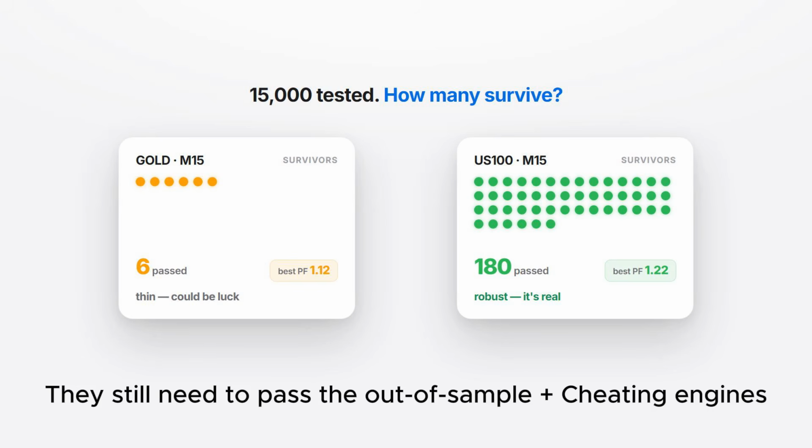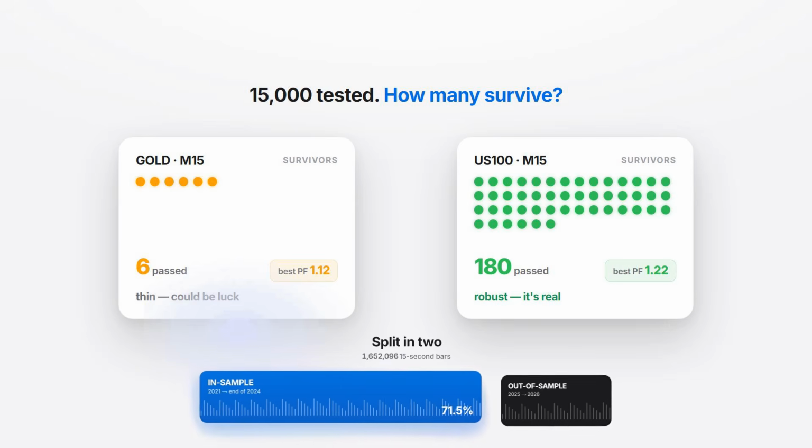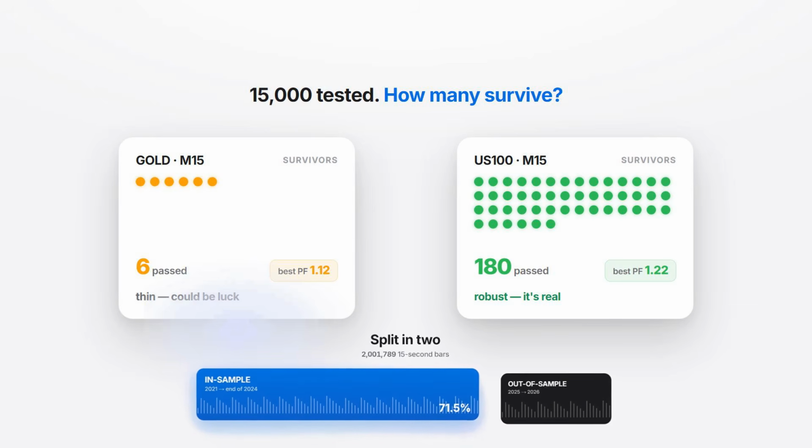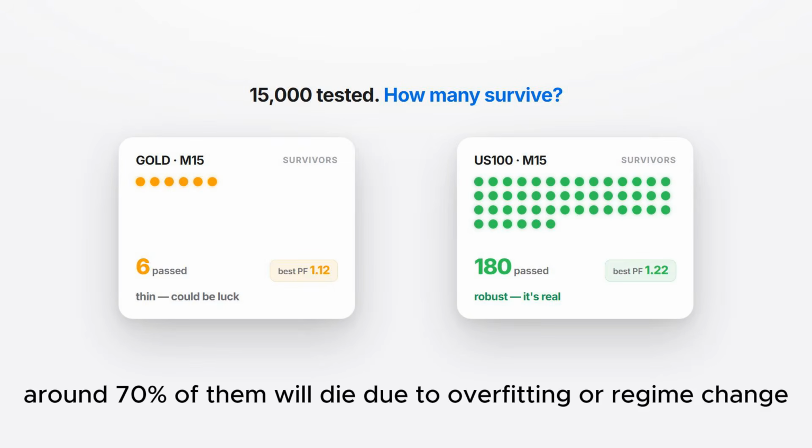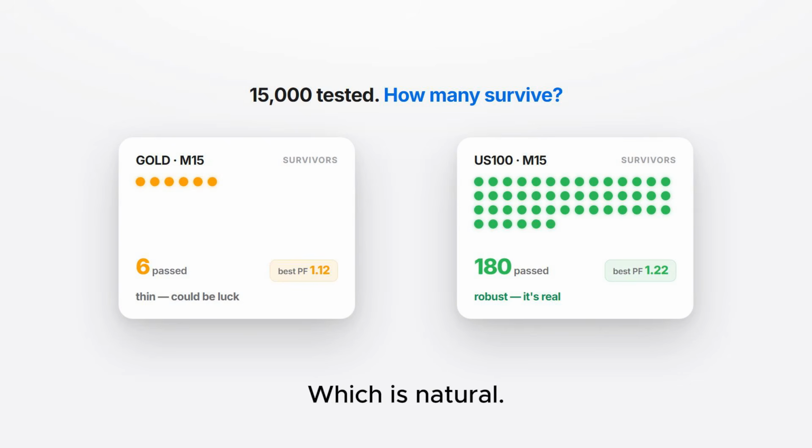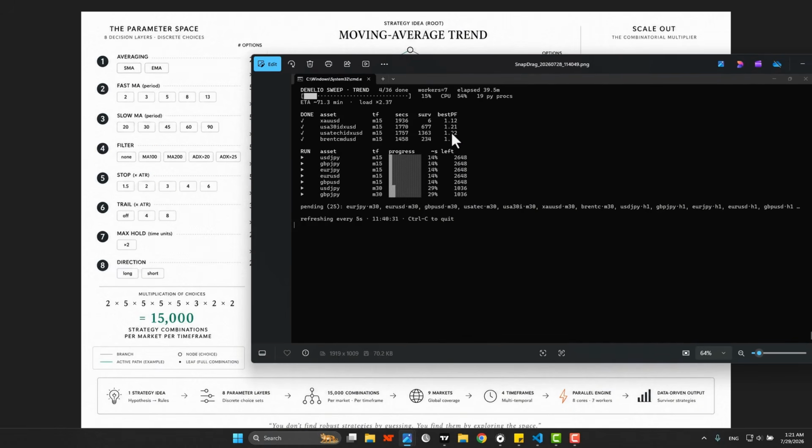We can talk about them later. It tells you that this strategy is real here. It also passed cost, slippage, spread and so on. And the best strategy, the best leaf like this one, has a 1.22 profit factor.